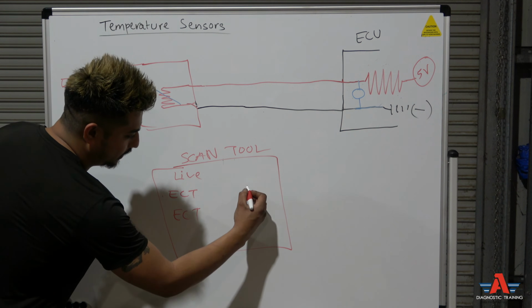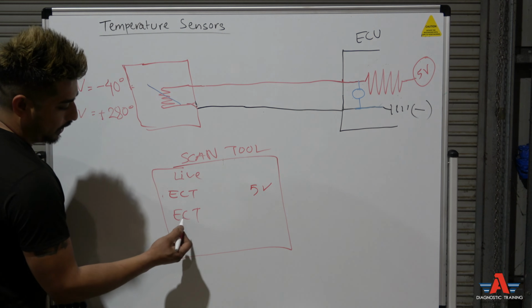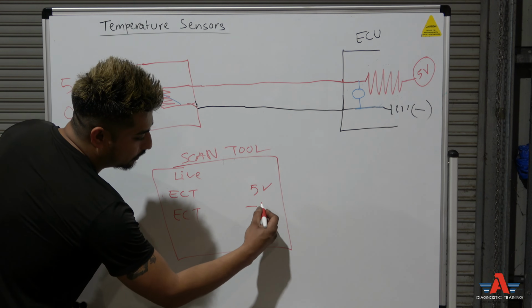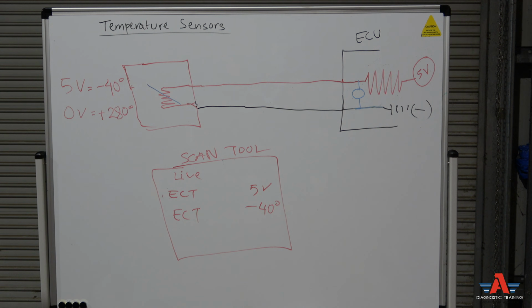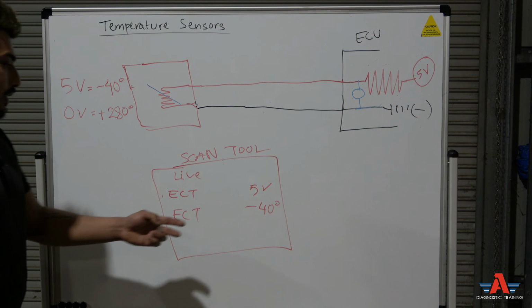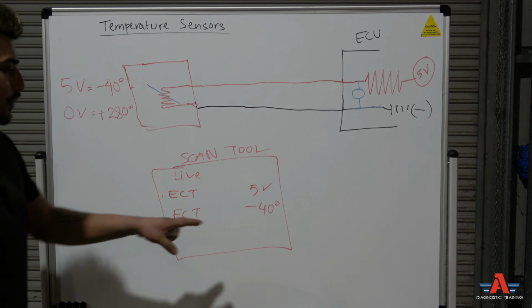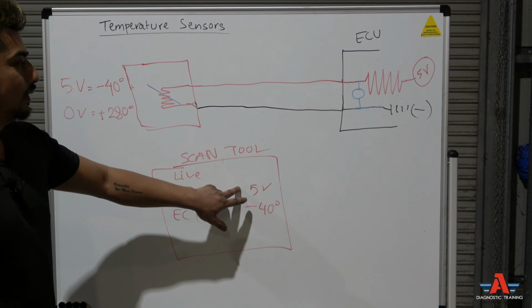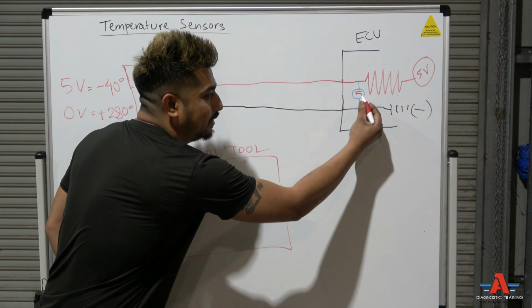So let's say the voltage is at 5 volt and coolant temperature is sitting at minus 40 degrees. That's what you see on live data, right? Now, to really diagnose this car, it's very simple. 5 volt on the scan tool means the computer is seeing what? 5 volts on the sensing circuit.